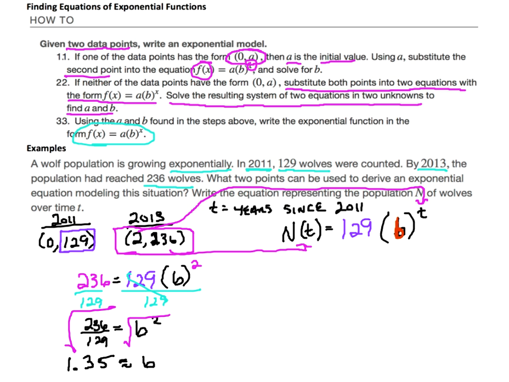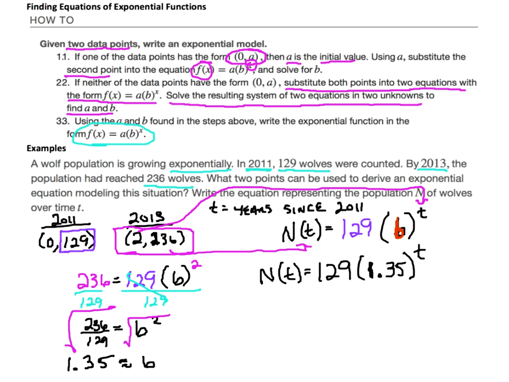Okay, so I know that my function is n of t equal to 129 times 1.35 raised to the t power.